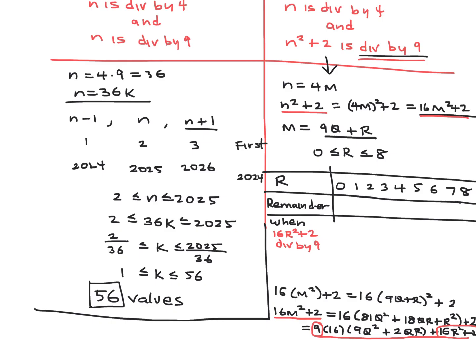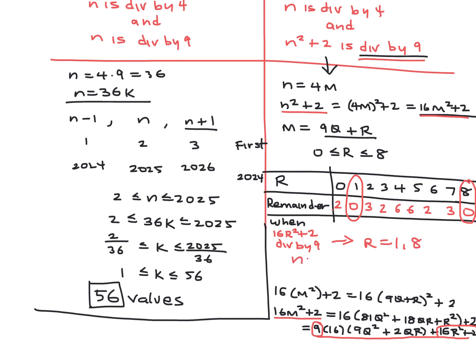And then we will get 2, 0, 3, 2, 6, 6, 2, 3, and 0. So the only time it's divisible is when the remainder is 0. So this guy and this guy. So that happens when r is equal to 1 or 8.